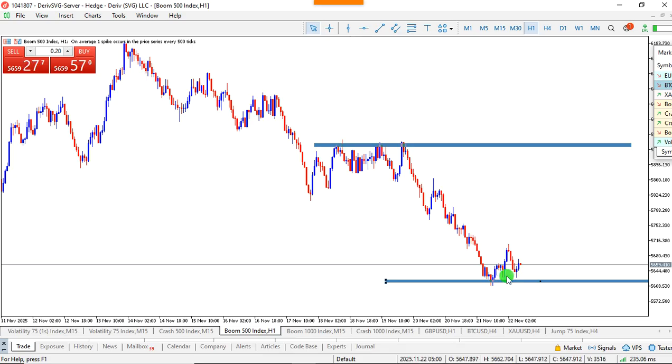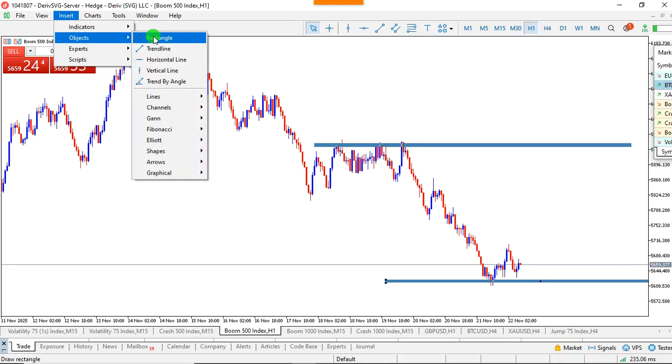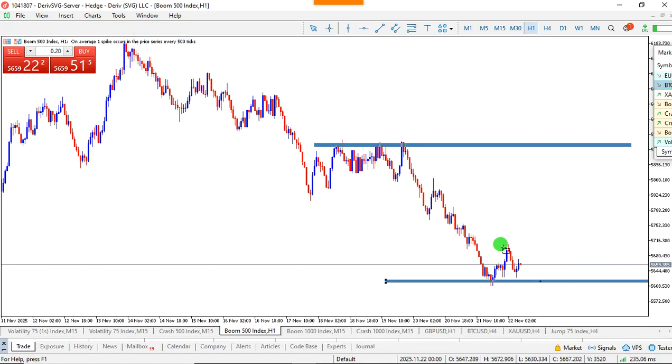We wait for a break of recent structure. Here is our recent high, and this is the internal break of structure. You can see a break of this internal structure, that means this bullish candle going above this, having a test and continuing. Then you can think of going long on this market, and of course the stop loss is going to be below this zone, and we are going to target this.